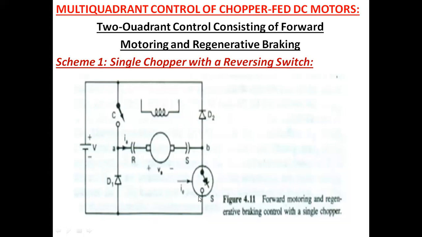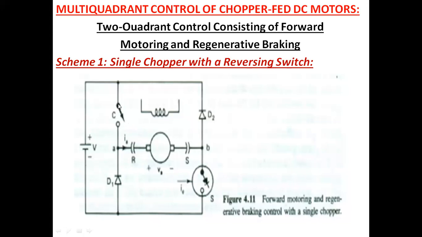See here, when the manual switch C is open, we have two conditions. First condition, when the switch S of the motor is on, that means it is closed.